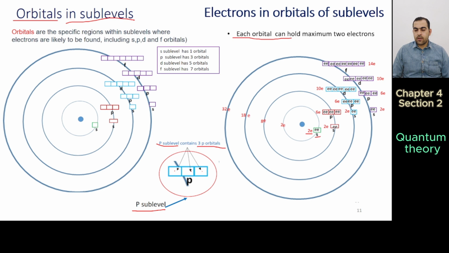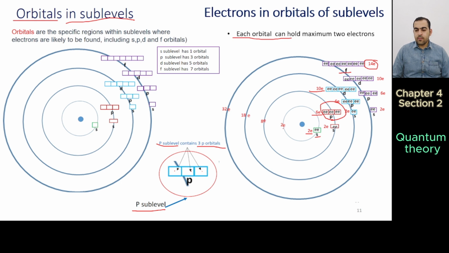Each orbital can hold 2 electrons, so the P sublevel can hold a maximum of 6 electrons. D has 5 orbitals, 5 times 2, 10 electrons, so the D sublevel can hold a maximum of 10 electrons. The F sublevel contains 7 orbitals. Each orbital can hold 2 electrons, so the F sublevel can hold a maximum of 14 electrons.